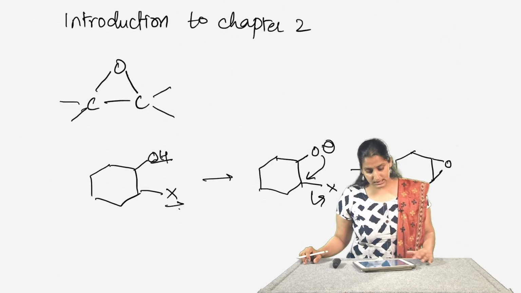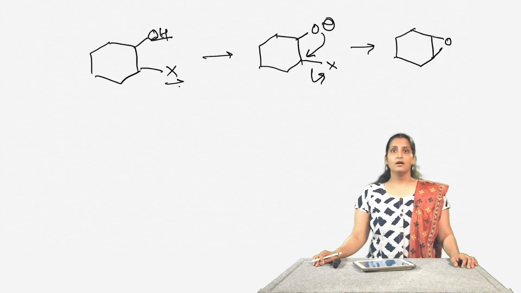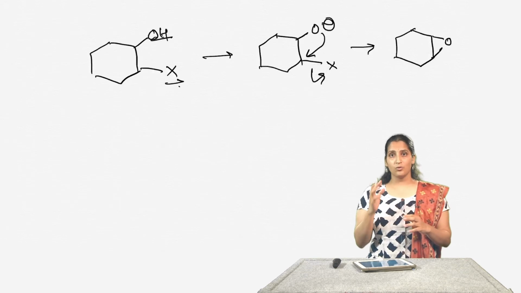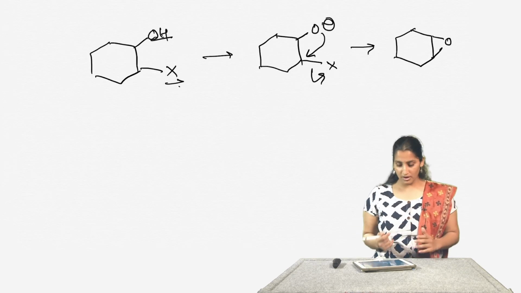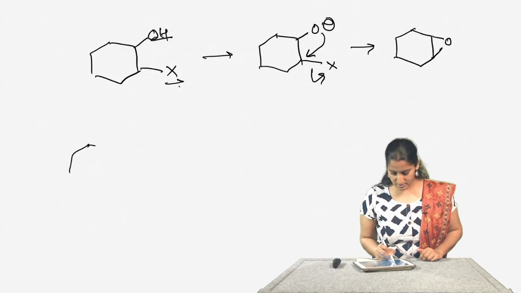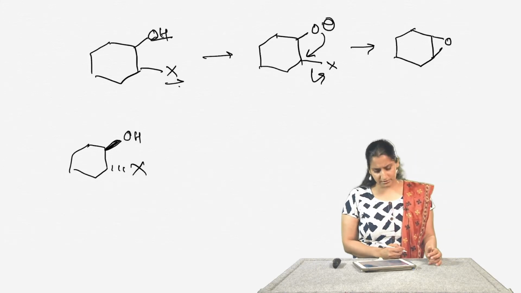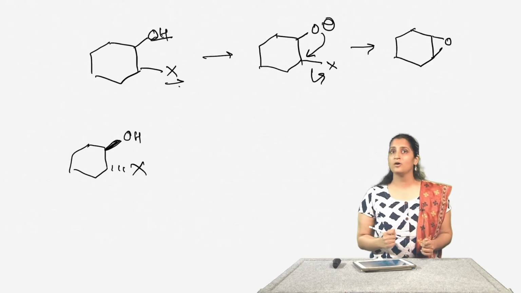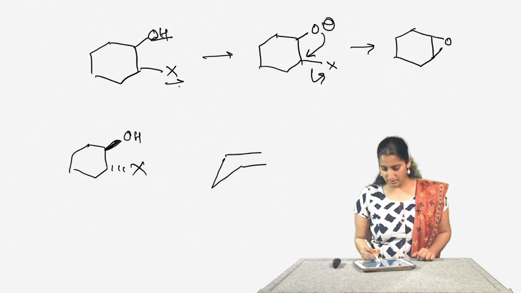Now, the trick to this whole reaction is that you cannot just work with any halohydrin. A halohydrin should be such that it can have the OH and the halogen going in opposite directions. So, we should really work with trans halohydrins. Why do we work with trans halohydrins? Because again the conformation that this particular halohydrin can take really matters.